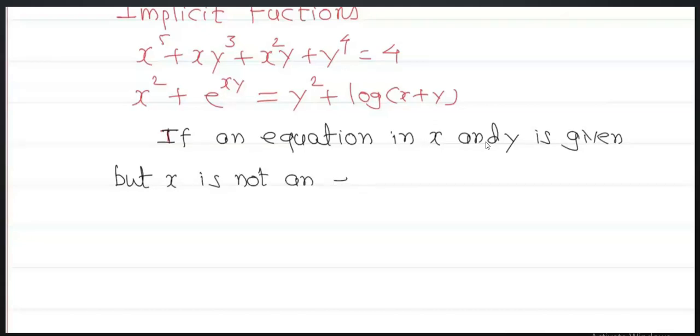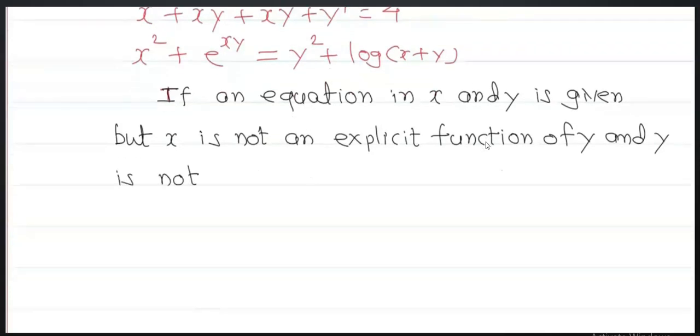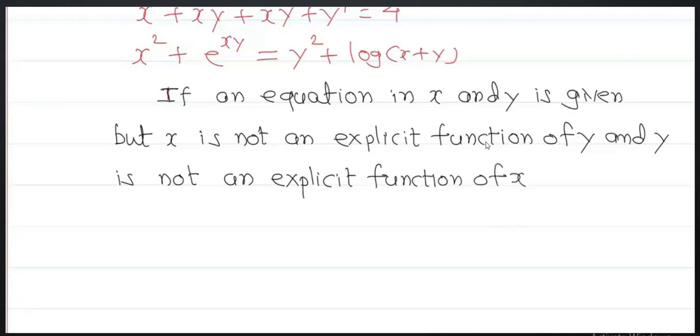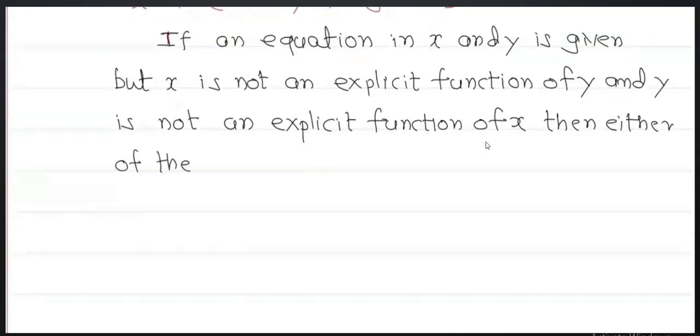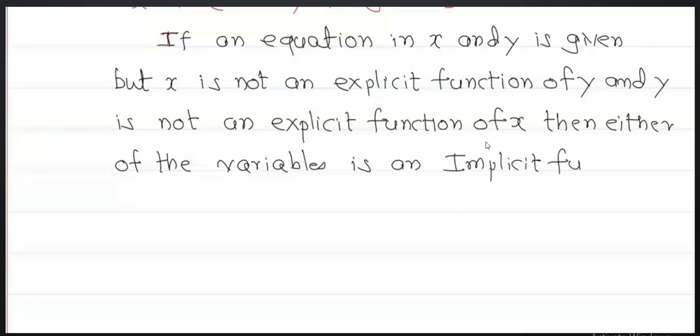If an equation in x and y is given, but x is not an explicit function of y, and y is not an explicit function of x, then either of the variables is an implicit function of the other.